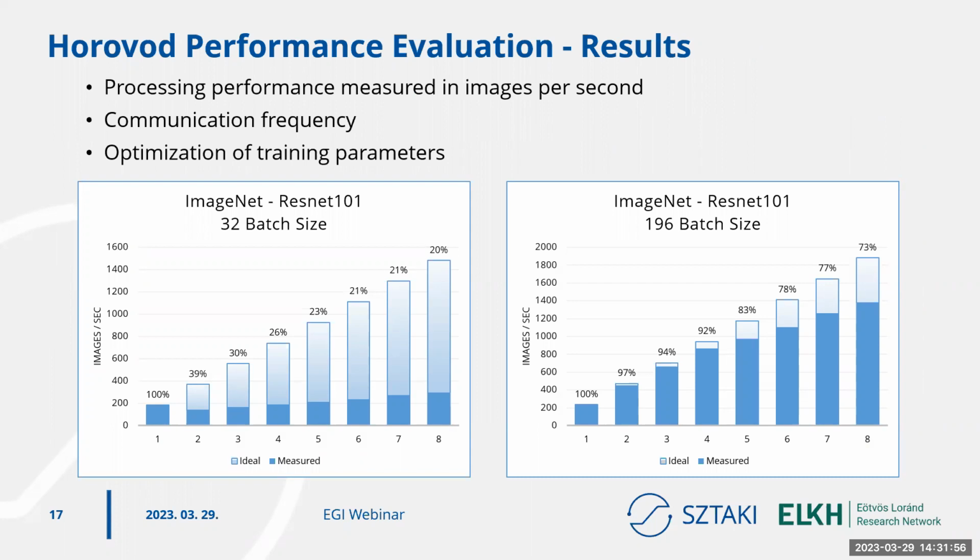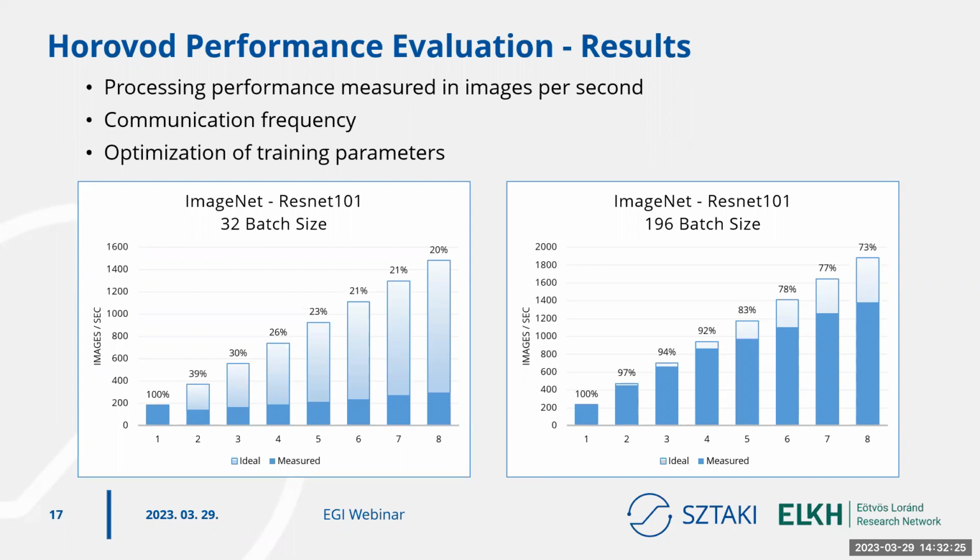As you can see, using the 32 batch size that can be seen on the left side, our scaling was very inefficient, as when using 8 nodes, we only achieved 20% of the ideal value, which would mean 8 times the performance of a single node. This basically means that 4 out of 5 GPU cards is completely wasted, which is, of course, a huge problem.